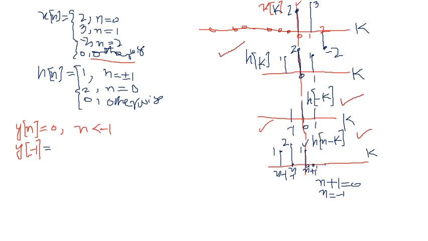Okay, so at this point, this is non-zero, and this is non-zero, whereas this is 0, so the product of this with this will result in 0. So we have 1 multiplied by 0, plus 2 multiplied by 0, plus 1 multiplied by 2. How do I get this?